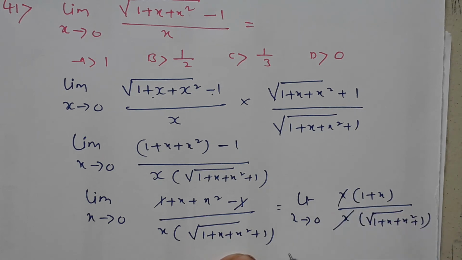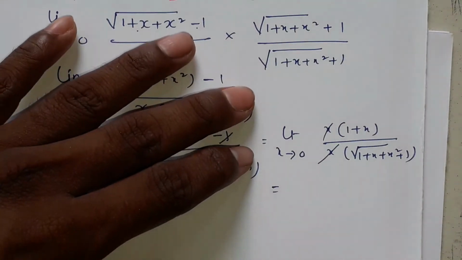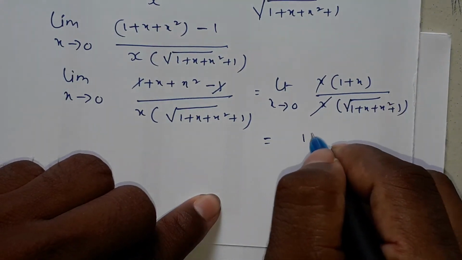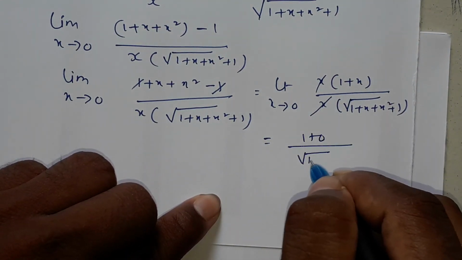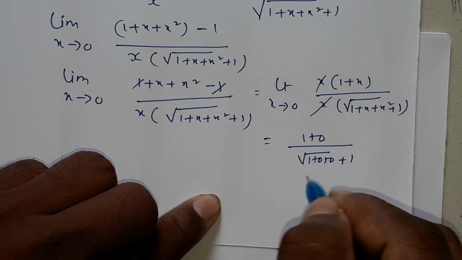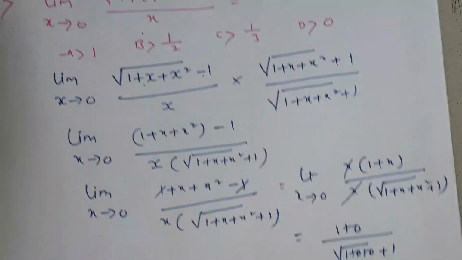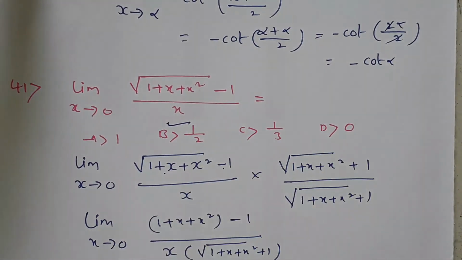Here x gets cancelled, apply the limit value. If we apply, what happens? 1 by under root 1 plus 0 plus 1. Here the value is 1 by 2. Option B is 1 by 2.